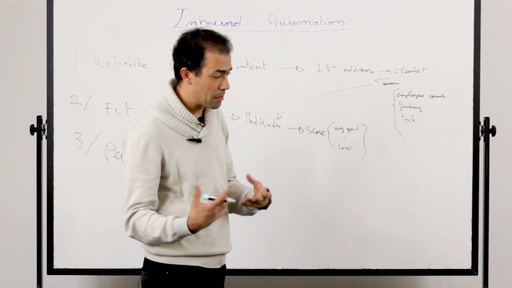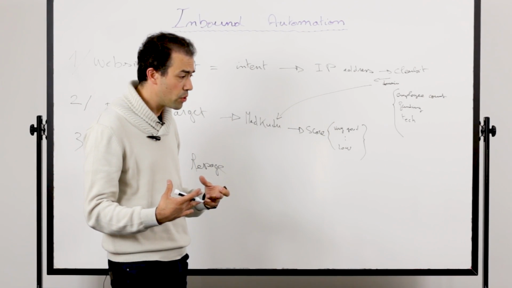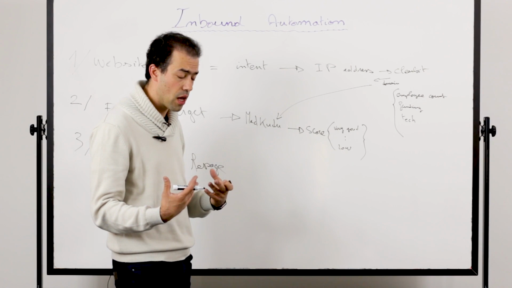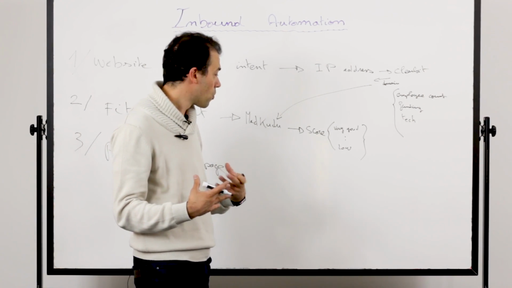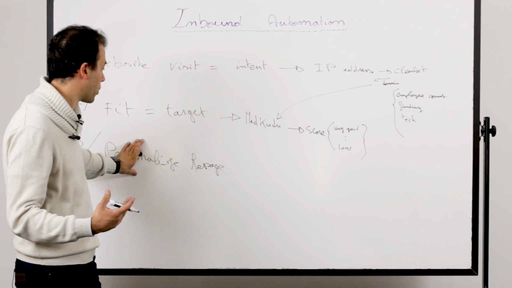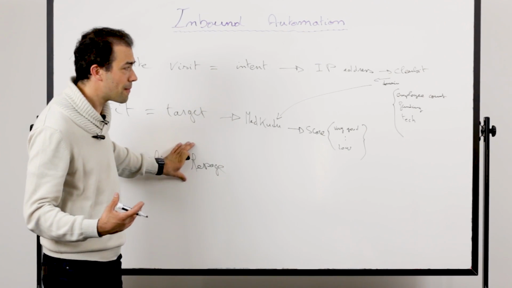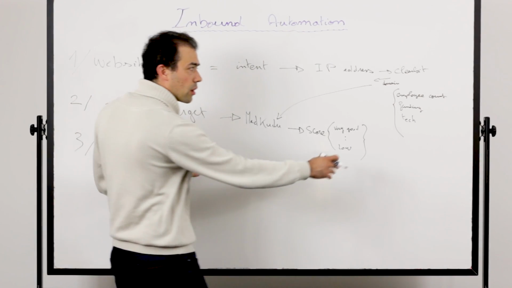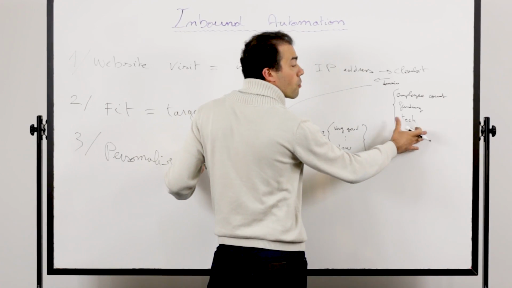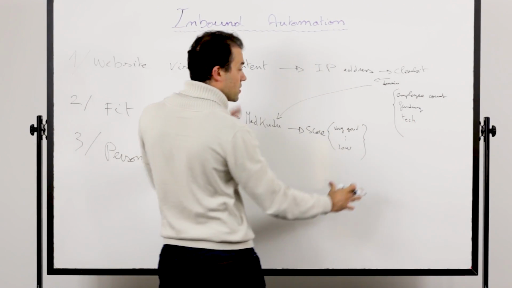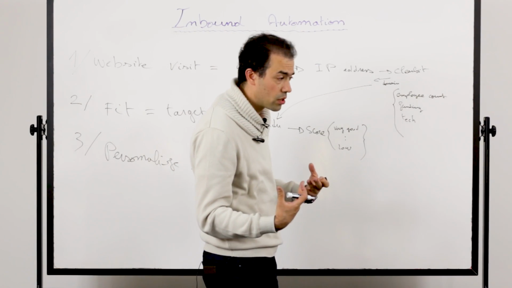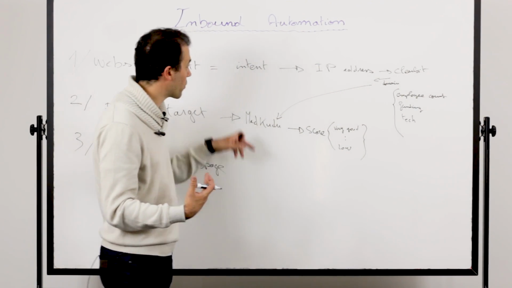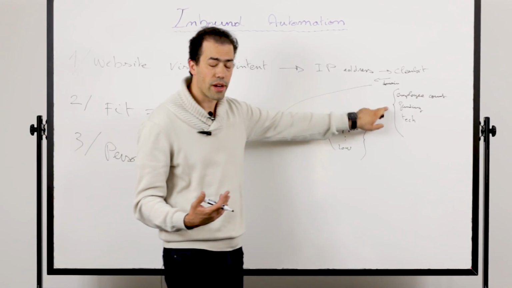Now you want to invest money. You want to maximize your chances to convert them, right? And so, you're going to want to create a personalized message. You know what's the good thing about that is, you already know a lot about them. Right? About that company, and you know which page they're visiting, which means you can create a playbook that is going to be relevant to what they're doing right now and to who they are, right?